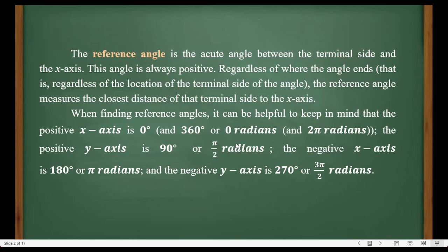Now, when we talk about the radian measures, the positive x-axis can also be labeled as 0 radians or 2 pi radians, while the positive y-axis is labeled as 90 degrees or pi over 2 radians. And the negative x-axis is labeled as 180 degrees or pi radians. And finally, the negative y-axis is labeled as 270 degrees or 3 pi over 2 radians.